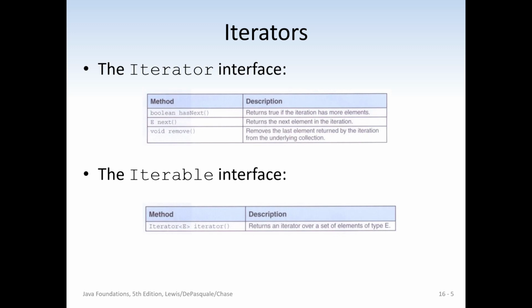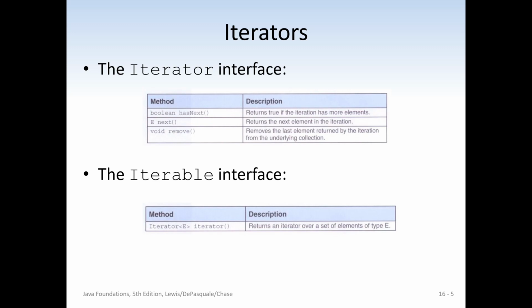And then every time you call next, it's going to give you the next element of the collection. Does that make sense? So that's why we need hasNext. You'll see in the loops how it works exactly. Finally, we have the remove function, which removes the last element returned by the iteration from the underlying collection.